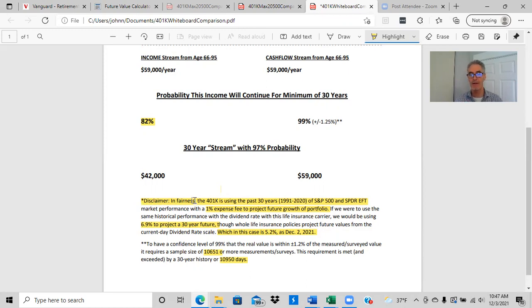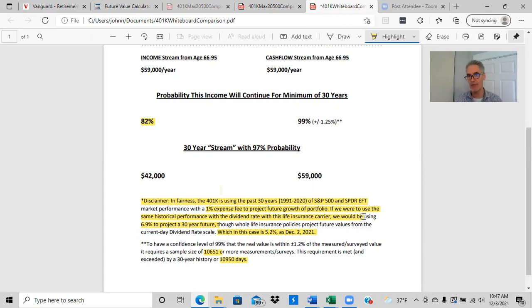Now, if we were to use the same historical performance with the dividend rate with this life insurance carrier, we'd be using 6.9% to project a 30-year future, because that is where the mean is of the last 30 years of the payout on this so-called non-guaranteed dividend, but once they pay it, it's locked in.